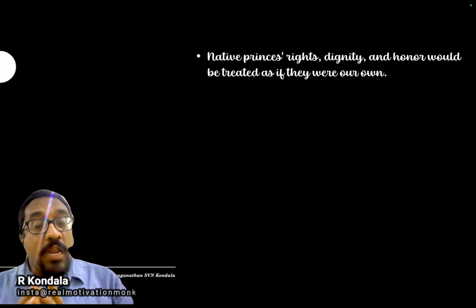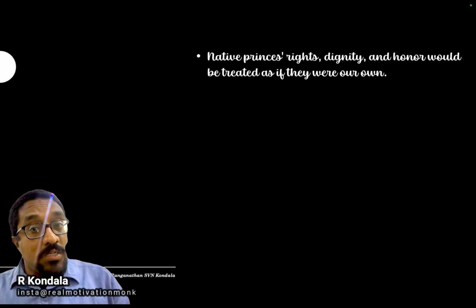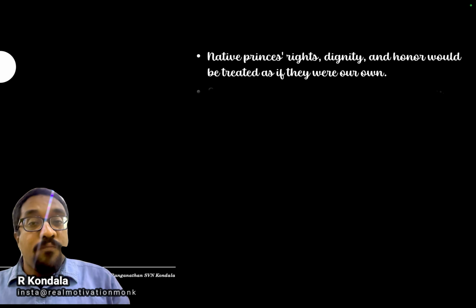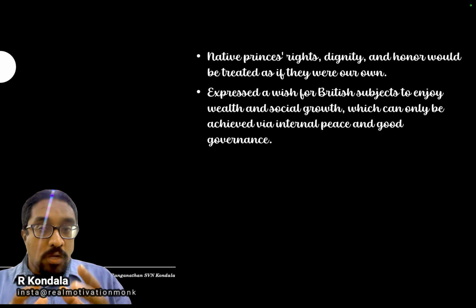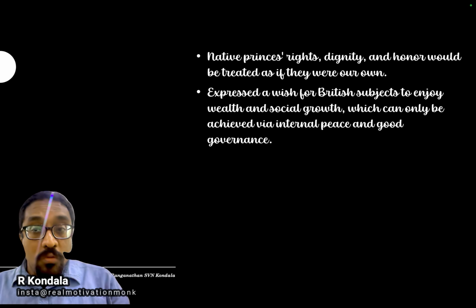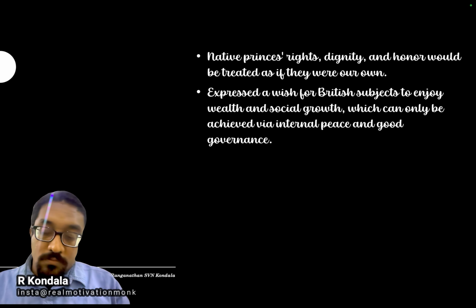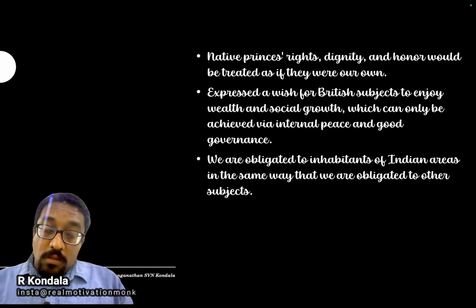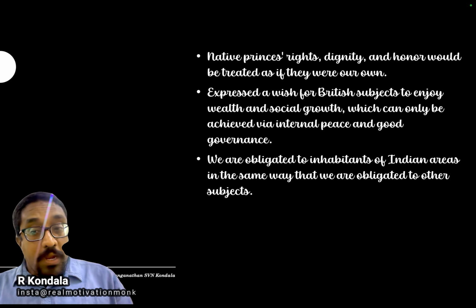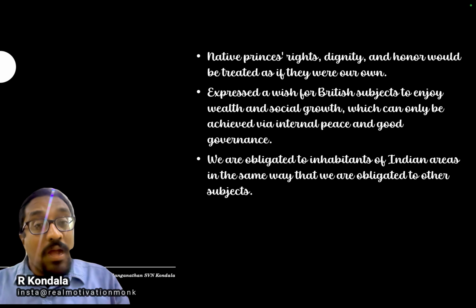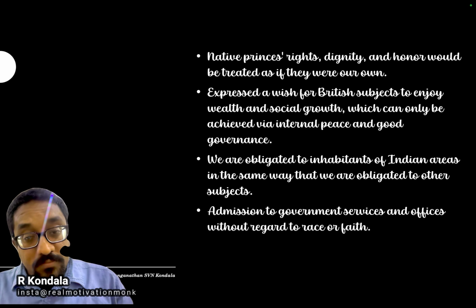At the same time, native princes were given an assurance that their rights, their dignities, and their honor would be treated exactly and precisely as those of the British Crown. Also, the Crown expressed a wish for British subjects to enjoy wealth and social growth, which can only be achieved via internal peace and good governance. Canning also said that the Crown and Canning are obligated to the inhabitants of Indian areas in the same way that they are obligated to other subjects of the British Empire.